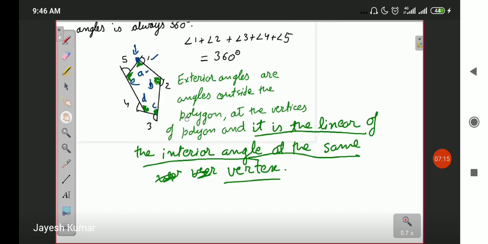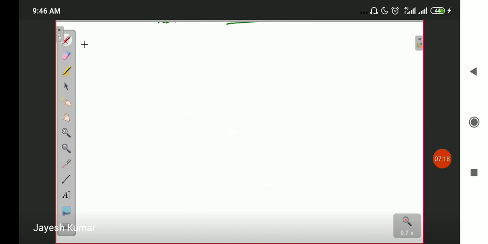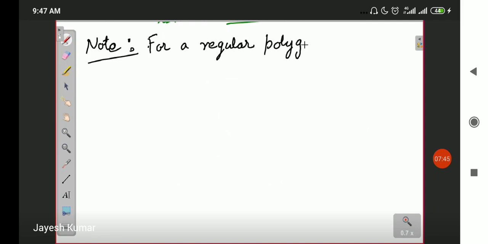A few more things. Write down notes. We have already noted that the sum of all the exterior angles is 360 degree. Next is for a regular polygon with n sides.